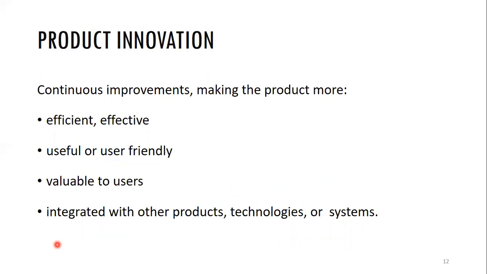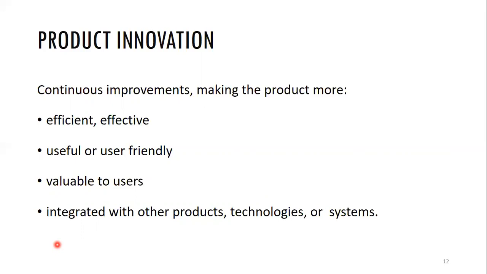Okay, so due to product innovation, we have to make continuous changes or improvements that make the product more efficient, more effective, useful, or user friendly. The users can easily use it, it is valuable to users, and integrated with other products, technologies, or systems.